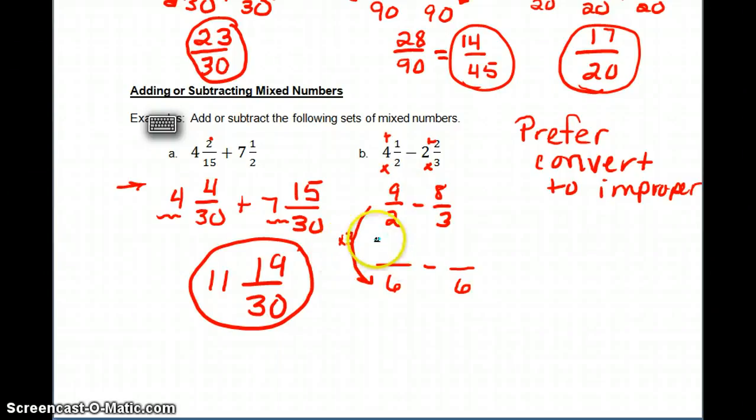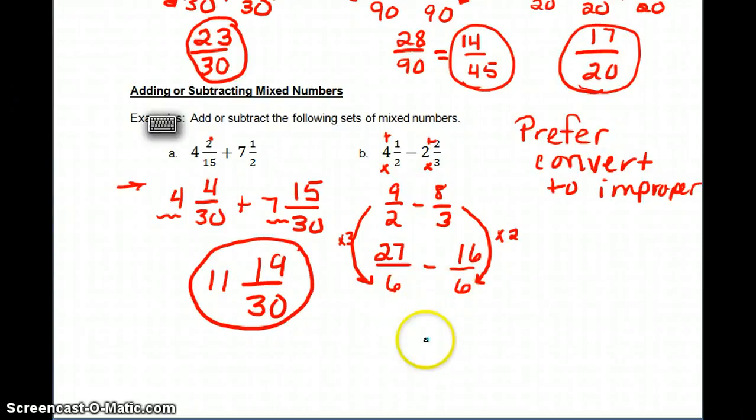So 9 times 3 would get us to 27, because remember, our goal here is to create an equivalent fraction. If we reduced 27/6, it would get us right back to 9/2. They are equivalent forms. Think about how you got from that 3 to that 6. You multiplied by 2. 3 times 2 gives us 6, so 8 times 2 will give us 16. We have created an equivalent fraction.